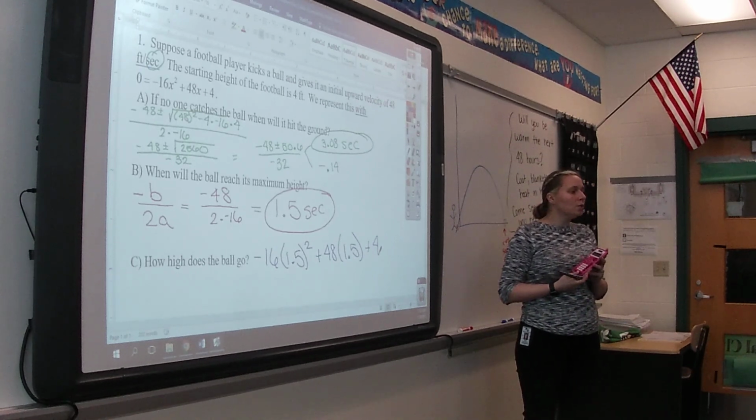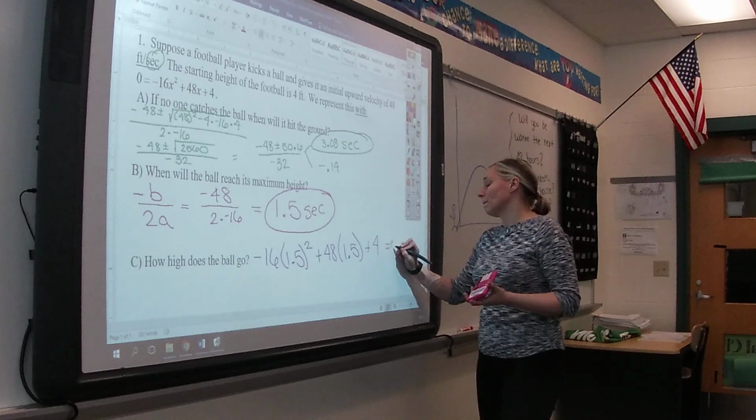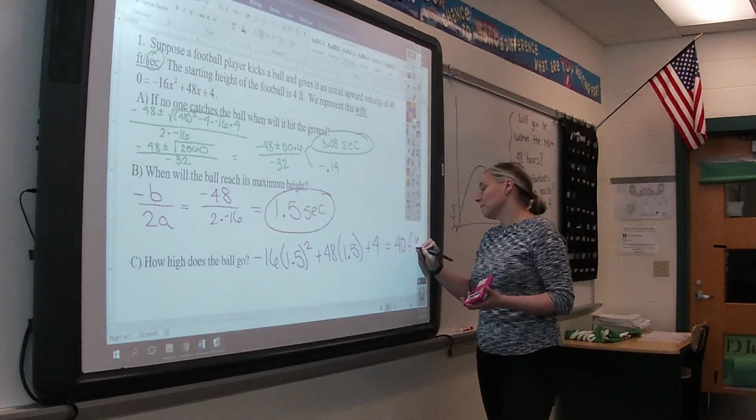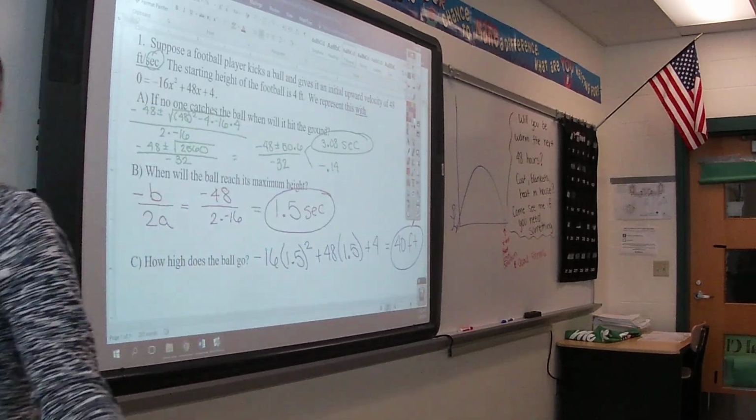How high did the ball go? 40, what label does it get? Feet, 40 feet. There's our answer for part C.